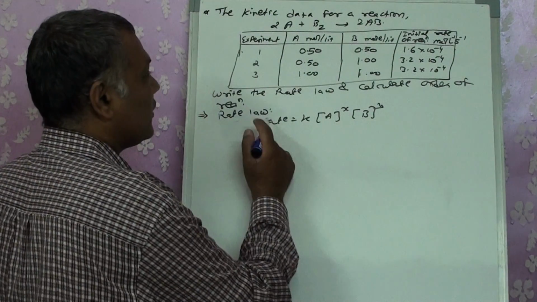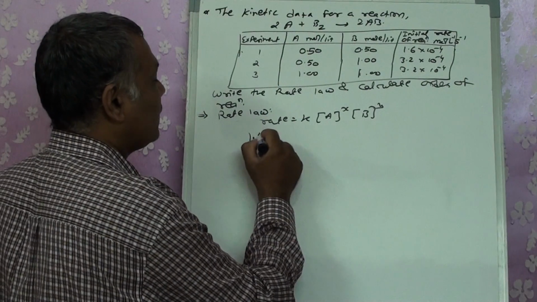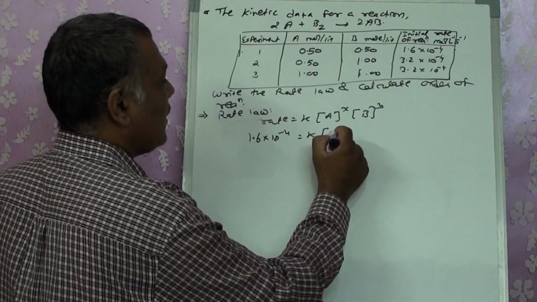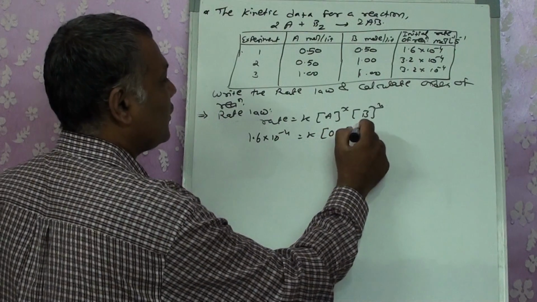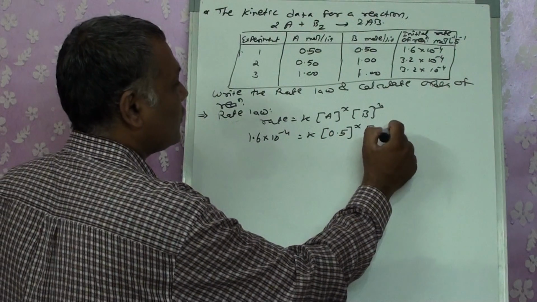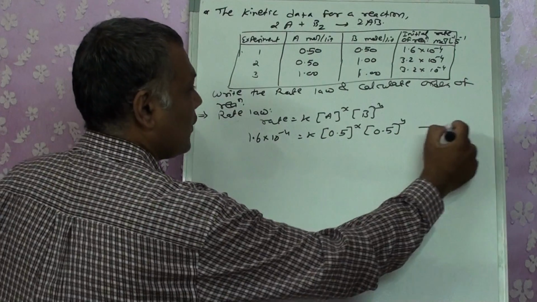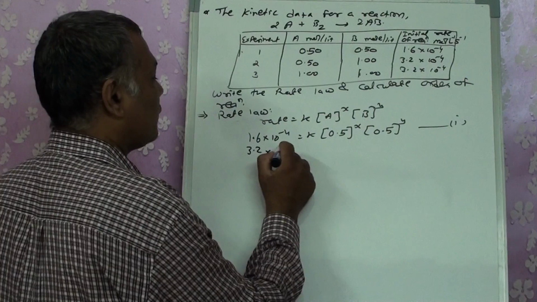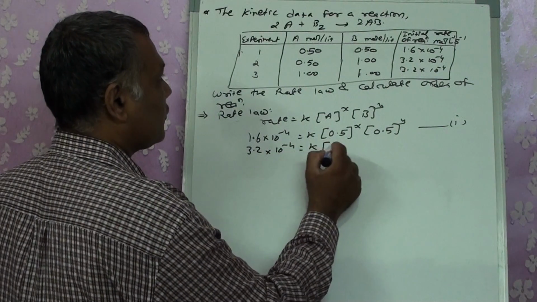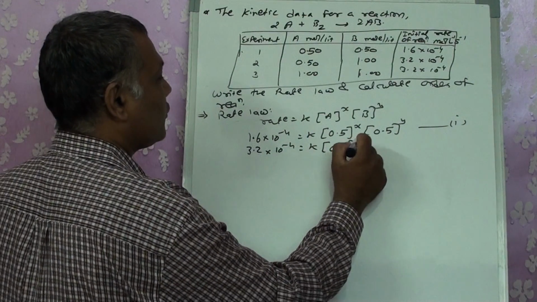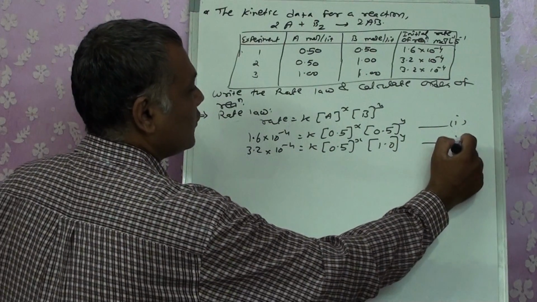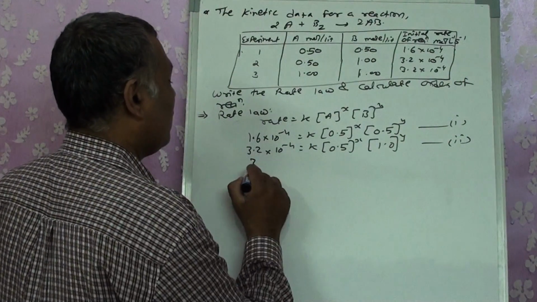Now, this is given to us: 1.6 × 10^-4 equals k, A concentration is taken as 0.5, B concentration is 0.5. This is our first equation. 3.2 × 10^-4 equals k, 0.5 raised to x, 1 raised to y. This is your second rate law.